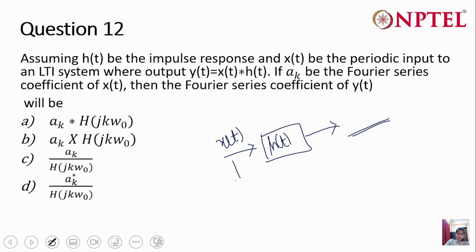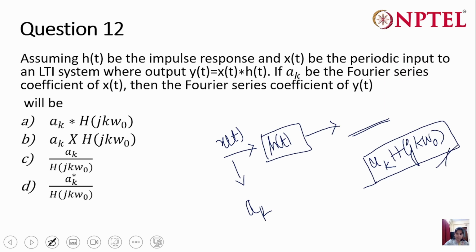So for x of t, if the Fourier series coefficient is ak, for the output it will be ak into h of jk omega naught. We saw the derivation in the first question. So the answer is B.